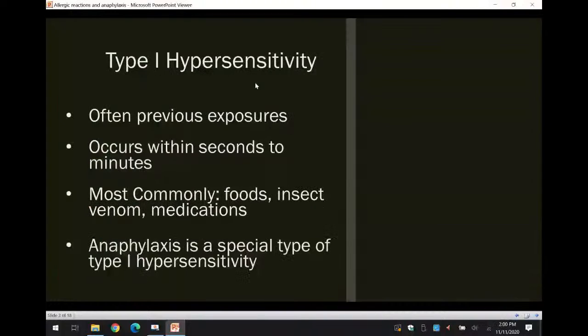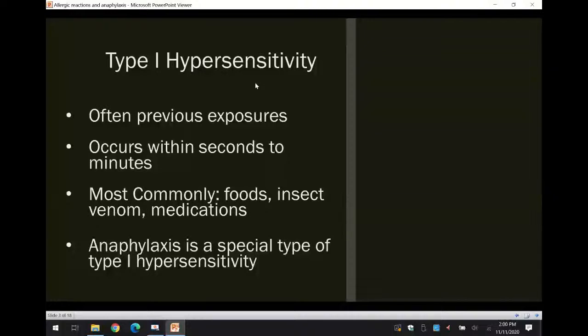So with your type 1 hypersensitivity disorders, often people have a previous exposure. They oftentimes will have a known allergen that they're allergic to, but up to 25% have an allergic or anaphylactic reaction having never had any exposure to any allergen before, so they don't know that they have an allergy to it.